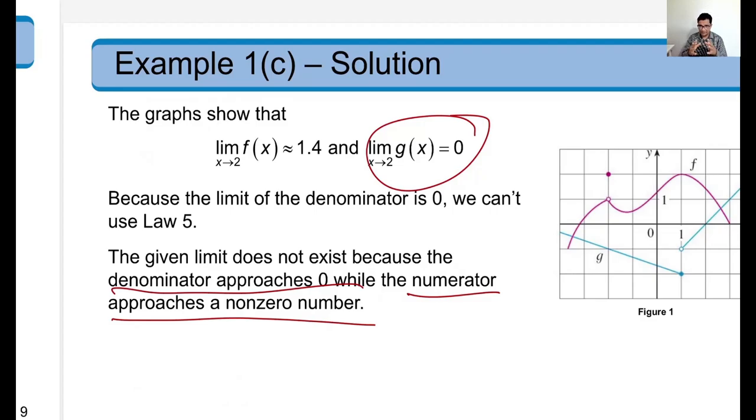I correct myself. You have to care about f(x) because it has to be non-zero for you to confidently say that the limit does not exist. Because non-zero divided by 0 is either plus infinity or minus infinity. We say it is undefined. If both are 0, that is an indeterminate case.